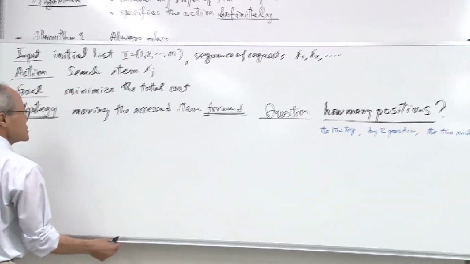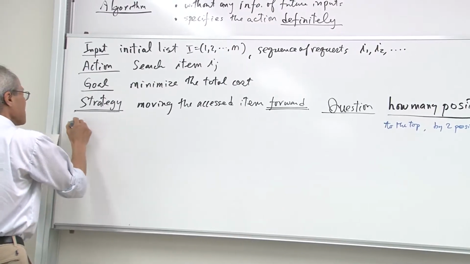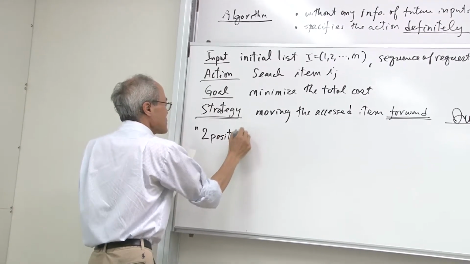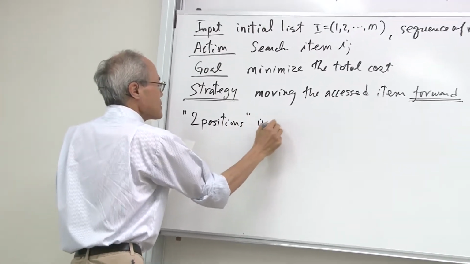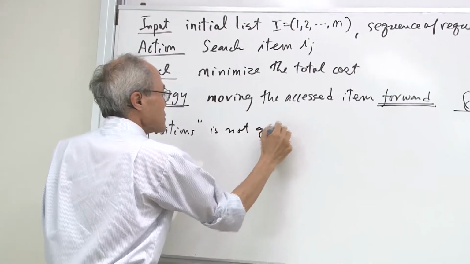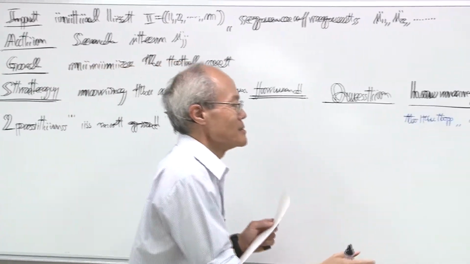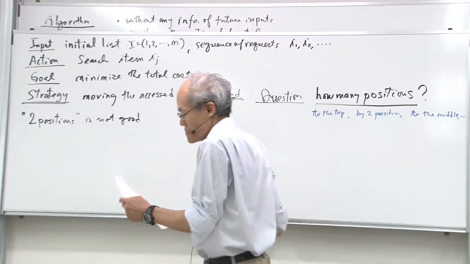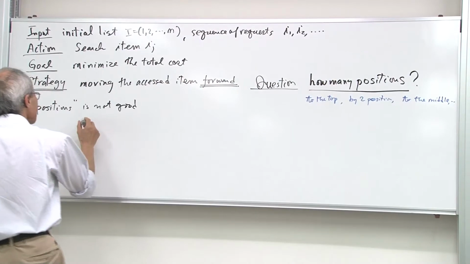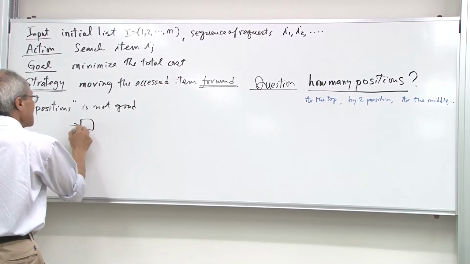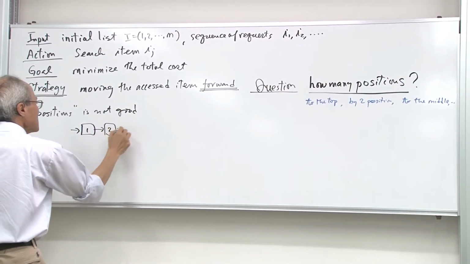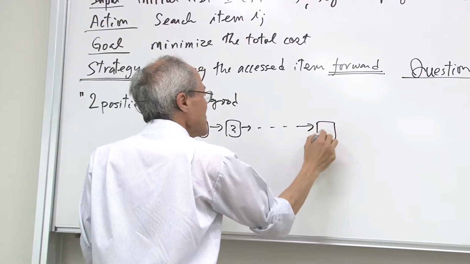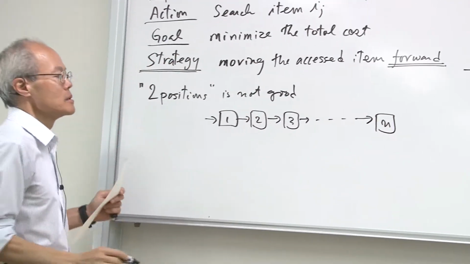It's not difficult to see that this strategy, moving by two positions, is not good. Why? This is our initial list and request.